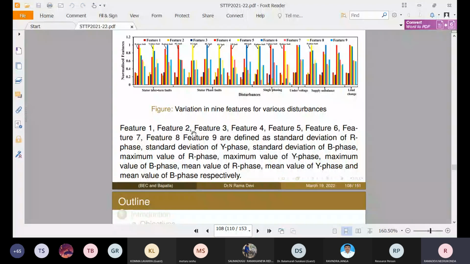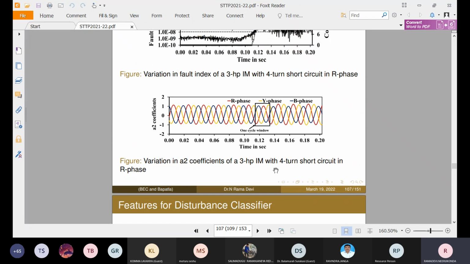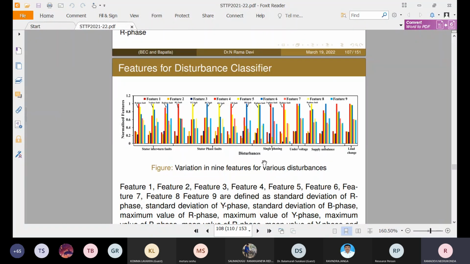Features 1, 2, 3, 4, 5, 6, 7, 8, 9 are defined as the standard deviation of R phase, Y phase, B phase, maximum value of R phase, maximum value of Y phase, maximum value of B phase, mean value of R phase, mean value of Y phase, and mean value of B phase respectively. So what is this mean value? What is its maximum value? Which coefficients of features have we taken to classify the disturbances?